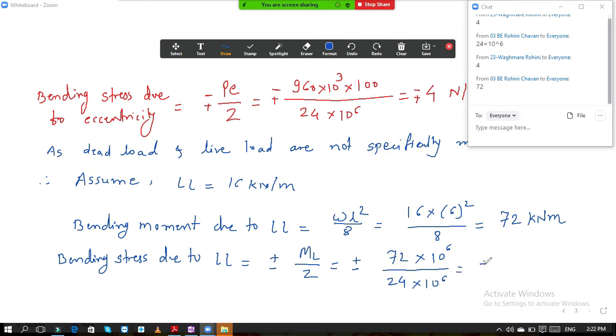So it is plus minus 3 megapascal or Newton per mm square. This is the bending stress due to live load.